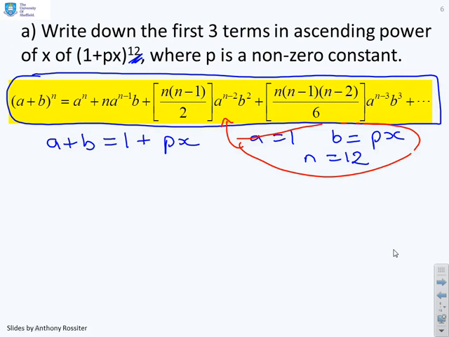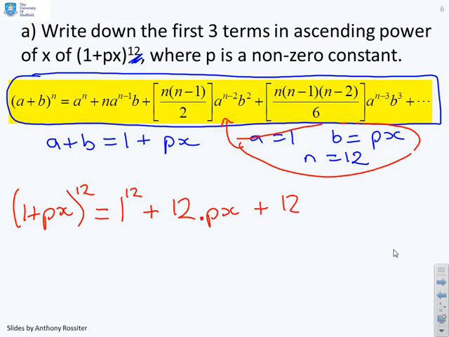If I do that, (1 plus px) to the power 12 is going to be 1 to the power 12 plus 12 times 1 to the 11, which is 1, so I won't write it, times px, plus 12 times 11 times (px) squared over 2.